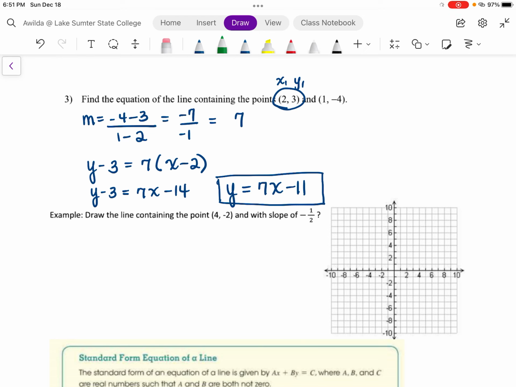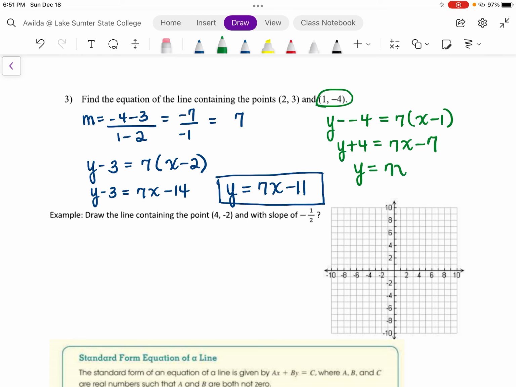I just want to show you here off to the side that if we were to have used the second point instead of the first, we still would have gotten the same equation in the end. So using the point-slope form, let's use y minus a -4 equals 7 times x minus 1. So this becomes y plus 4 is equal to 7x minus 7. And if we subtract 4 from both sides, we get exactly the same equation.